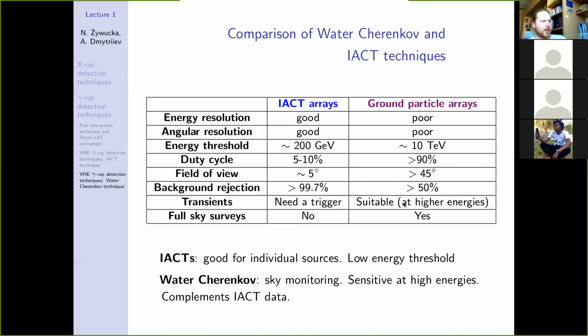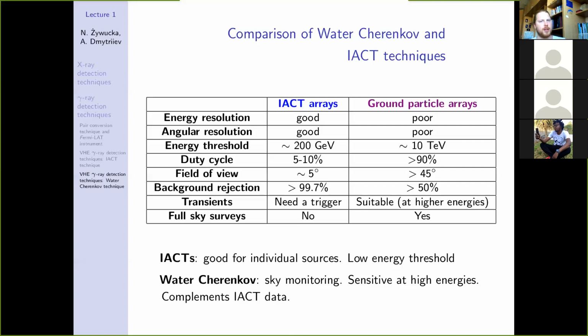But the thing is that the transients which you can observe are only at high energies, due to the higher threshold. So if something is flaring, for instance, at very low energy, then your ground particle array just won't see that. So another source of triggers is not only ground particle arrays, but of course Fermi, because it also has a very wide field of view. So it can see a large portion of the sky and see flaring phenomena or gamma ray bursts and issue alerts.